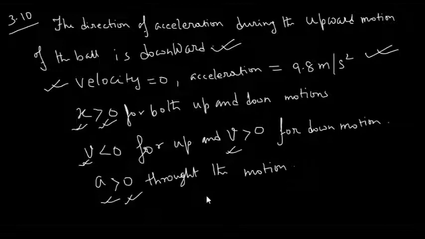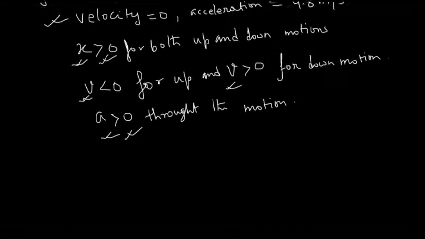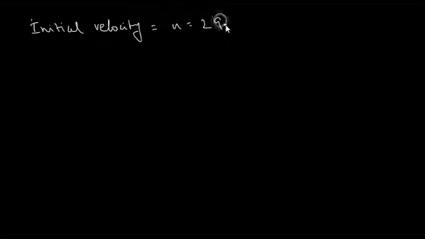Next, initial velocity of the ball is u is equal to 29.4 meter per second.